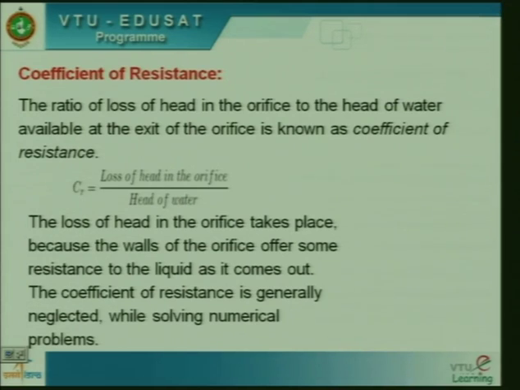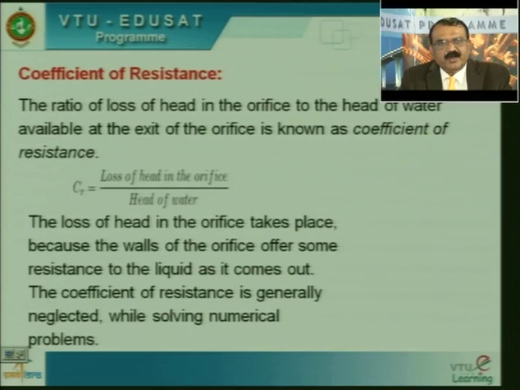Sir, do we use this coefficient of resistance? Very rarely we are going to use this relation. Most of the time, as a civil engineer, you are going to use the three hydraulic coefficients we mentioned earlier, CD, CC and CV. So this CR, coefficient of resistance, is given by loss of head in the orifice divided by head of water.